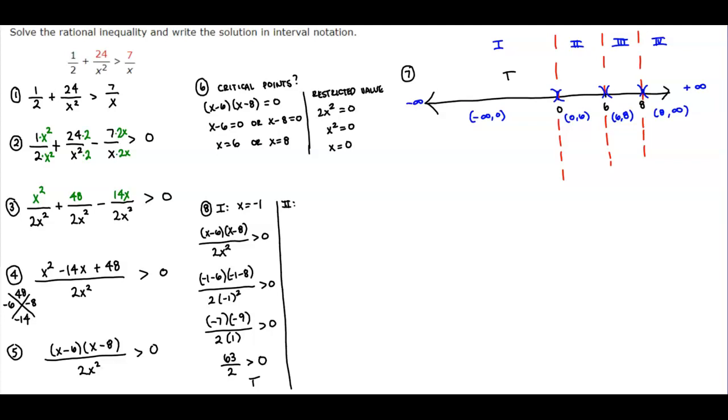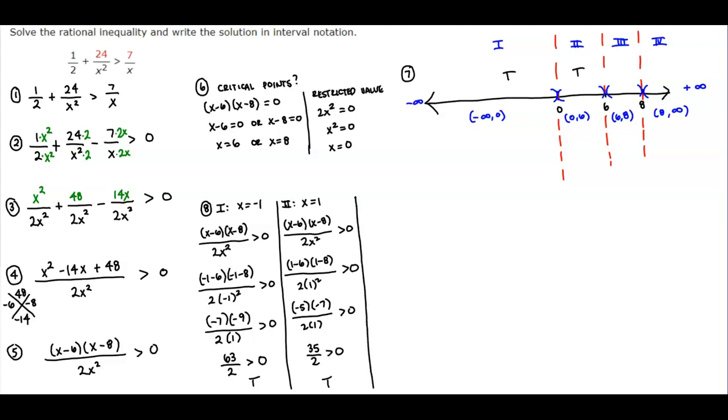In region number 2, we can pick x to be 1. Using the same inequality, we plug in 1. We have 1 minus 6 times 1 minus 8 over 2 times 1 squared. That gives us -5 times -7 over 2 times 1, which is positive 35 over 2. That number is greater than 0, so it's true in region number 2. Let's take a look at region number 3.